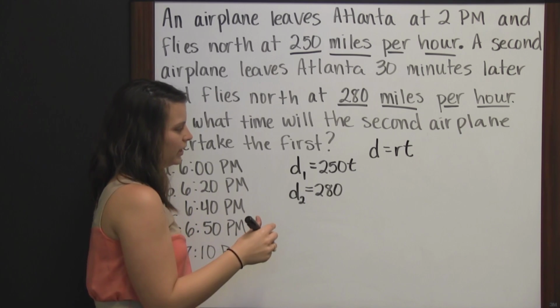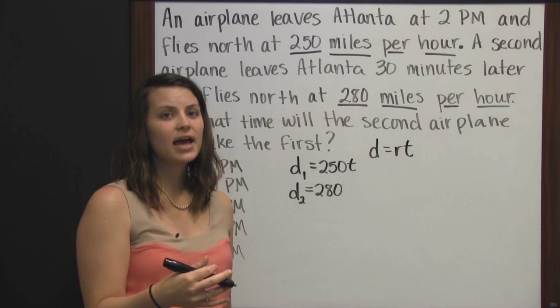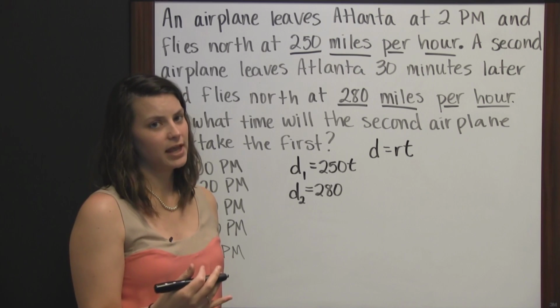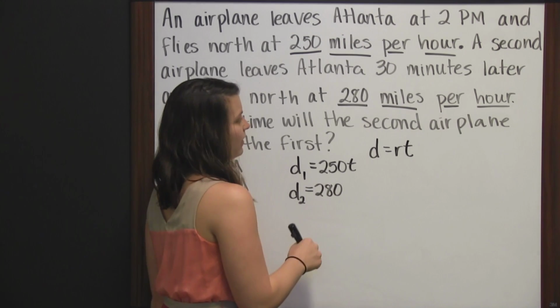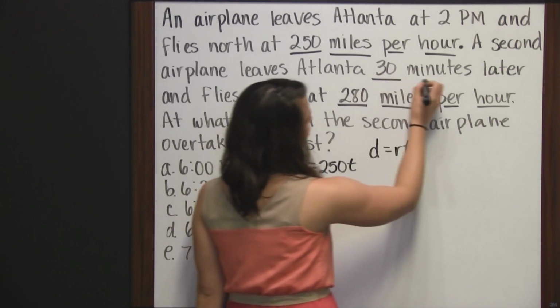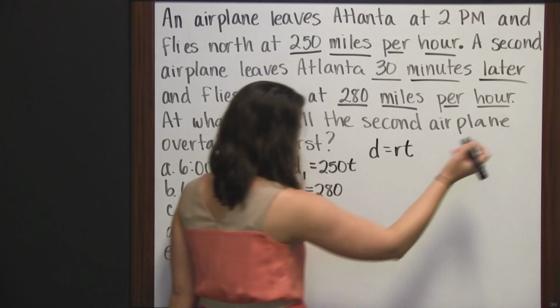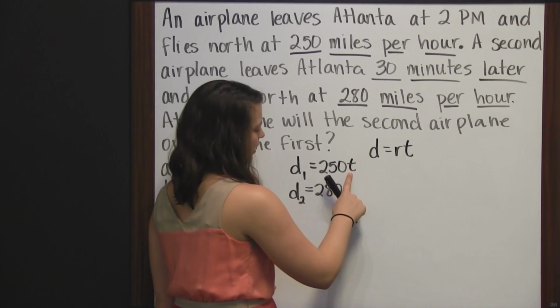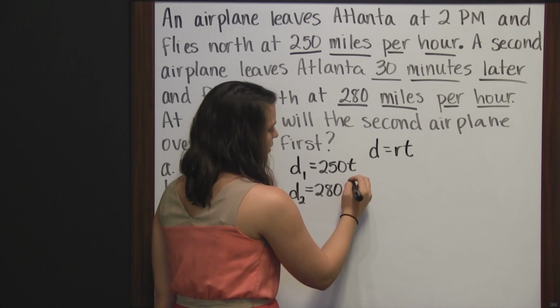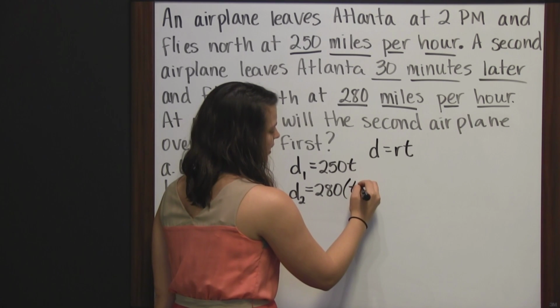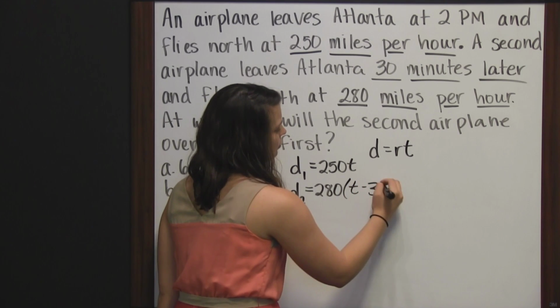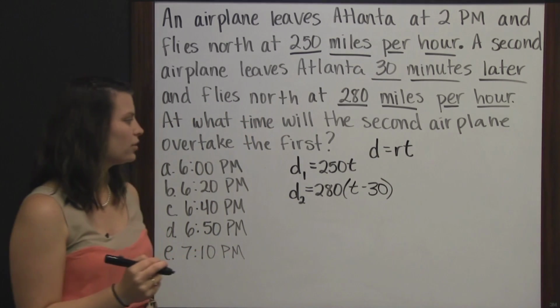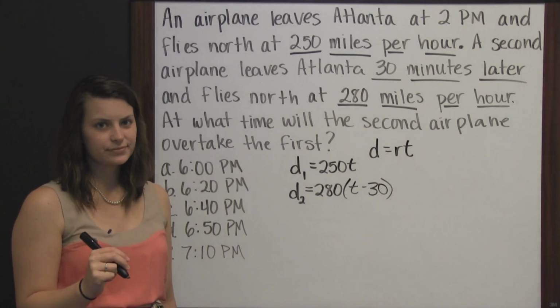So the second airplane won't have been flying as long as the first airplane when it catches up. It's going faster, and it left 30 minutes later. So however long this first airplane has been flying, the second one will have been flying that time minus 30 minutes, since it left 30 minutes later.